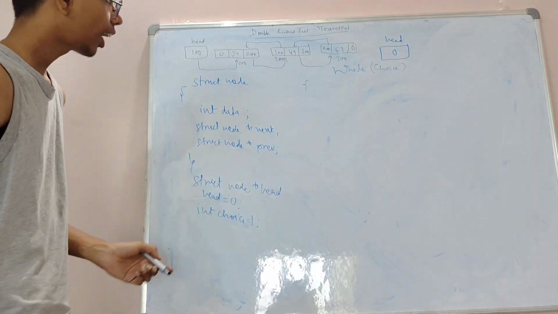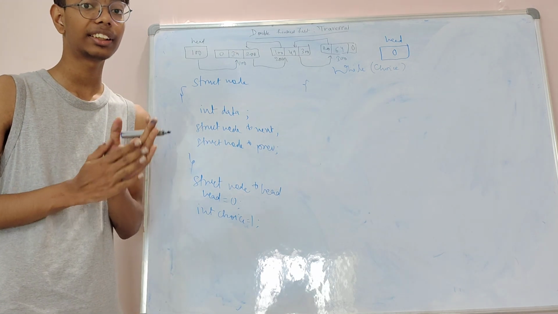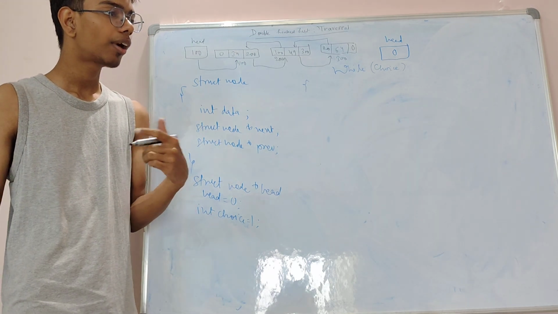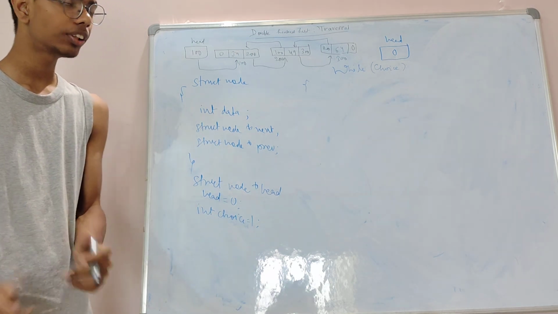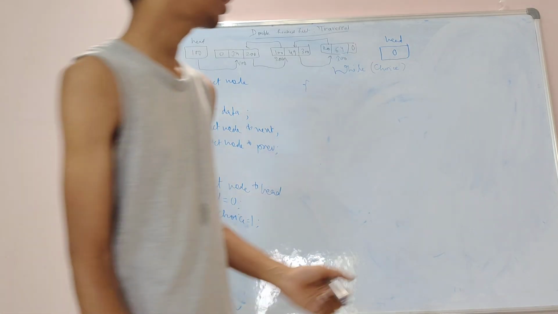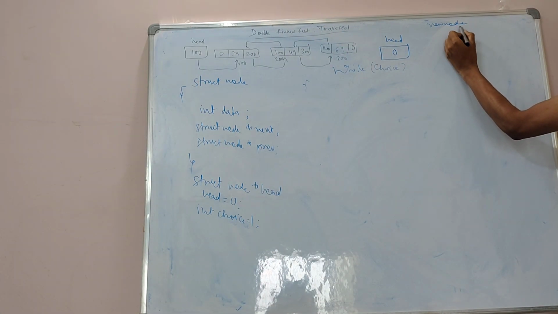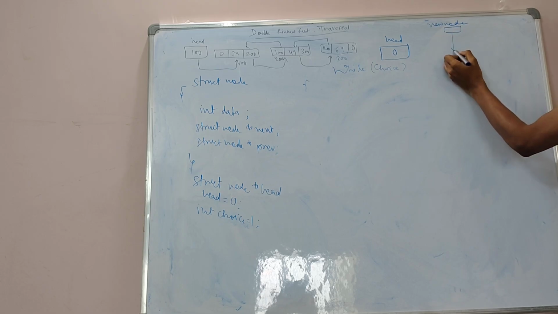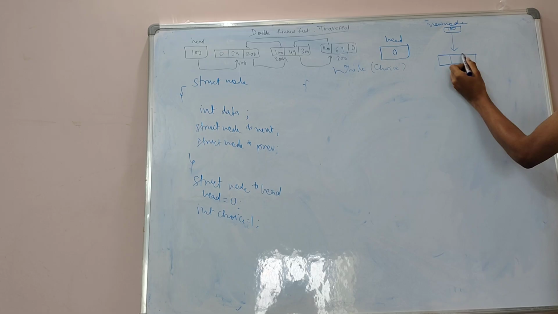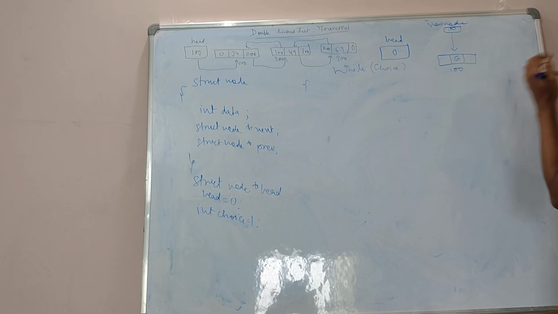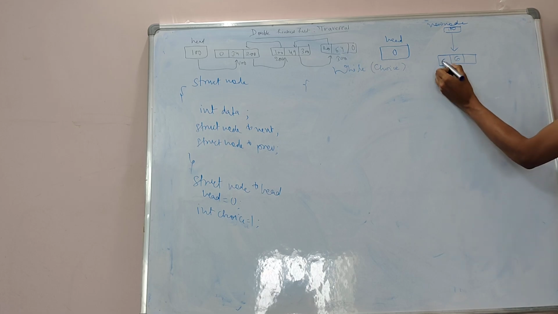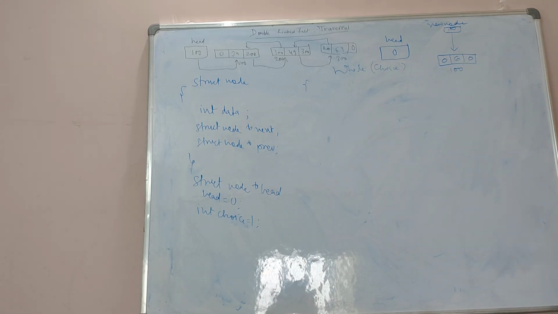So what I will do, I will use the malloc function to create a node, and a pointer will store the address of that node, which will be pointing towards it. Suppose there is a pointer called new node. This is pointing towards the new node. Suppose this is 100 and this is created, so this is 6 and 100. Right. As this is for the first time, I will store here 0 and 0, and accordingly I will update.